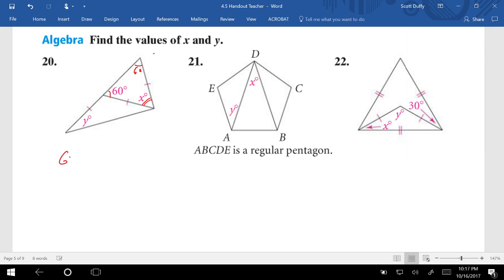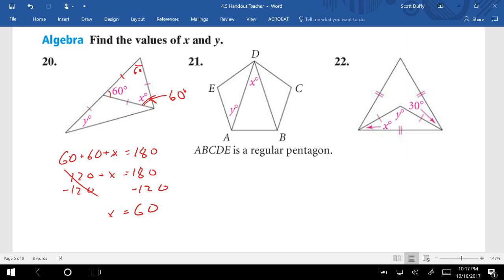So I say 60 plus 60 plus x equals 180. That's 120 plus x equals 180. Subtract 120, x equals 60. Oh wait, we should have known that already, because if it has angles that are 60, they are equilateral.